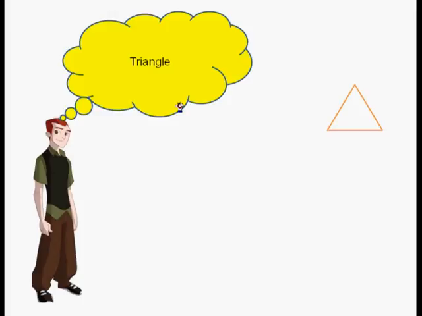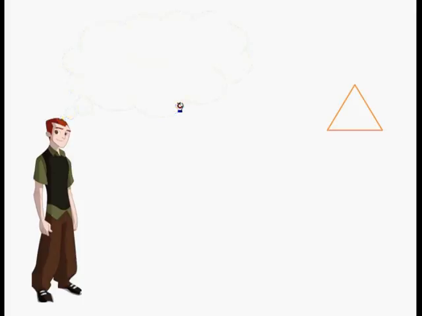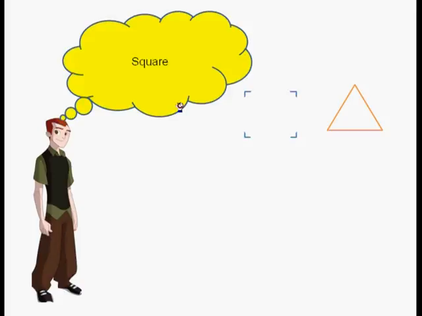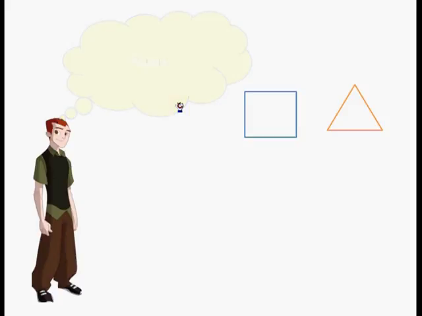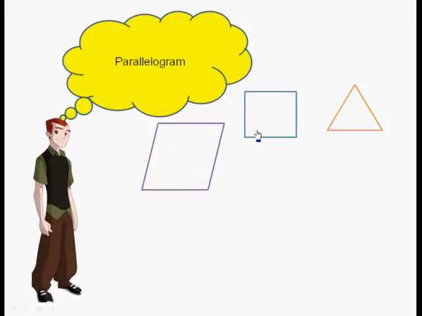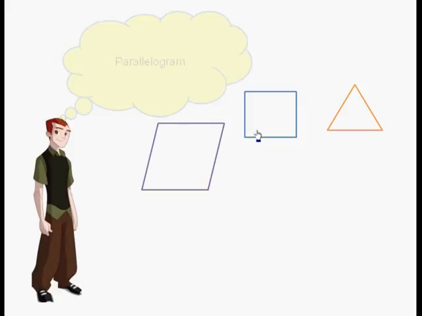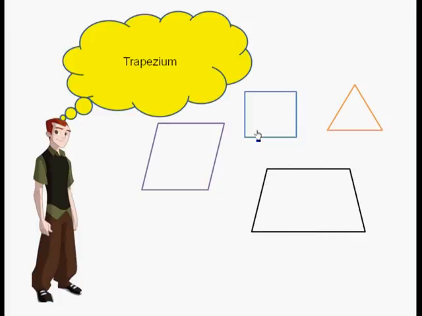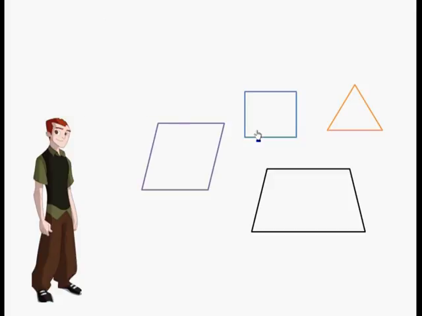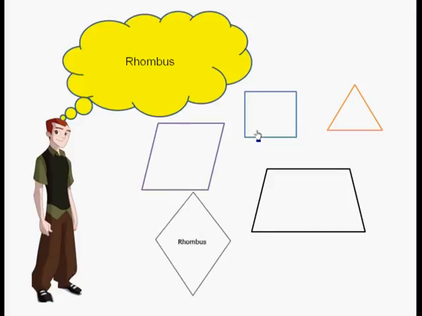Triangle, square, parallelogram, trapezium, and rhombus. So these are examples of polygons.